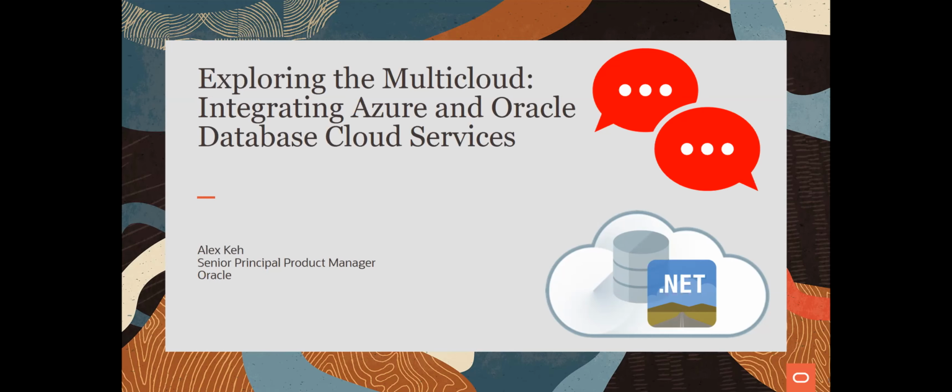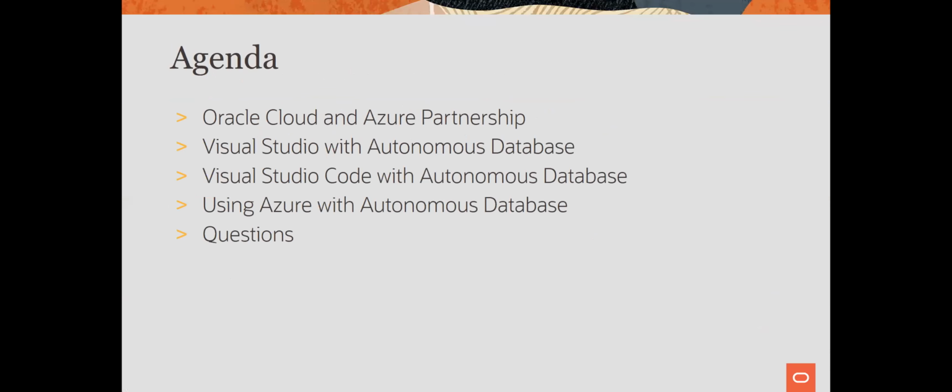First we'll talk about the partnership Oracle Cloud and Azure have, and then we'll get into some of the technologies. I'll do a demonstration of using Microsoft Visual Studio with Oracle Autonomous Database, and then also Microsoft Visual Studio Code with Oracle Autonomous Database.